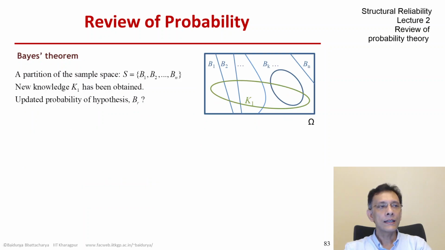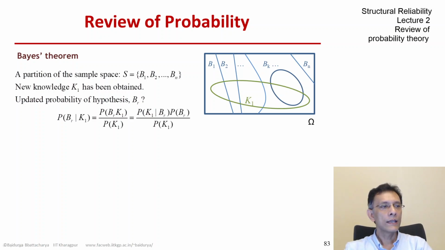This takes me to the Bayes theorem. So suppose I have the same partition of the sample space, B1 through Bn, and suppose some new knowledge, which I call K1, has been obtained, and say these B's are some original hypotheses. So with this new knowledge, can I update the probability of one of these, say Br?